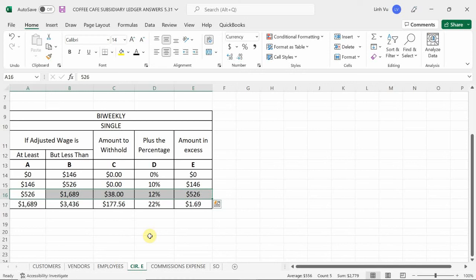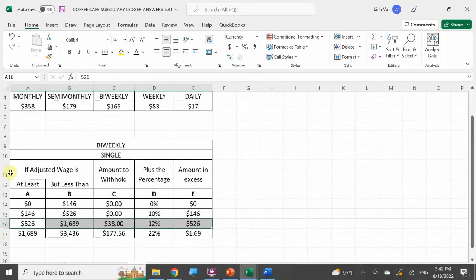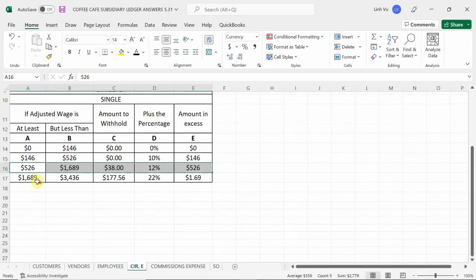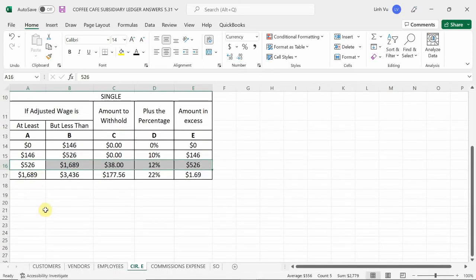Here are the tax brackets. Which one is he going to fall under? Same as Irene, right? He's definitely made more than $526, but definitely less than $1,689, right?